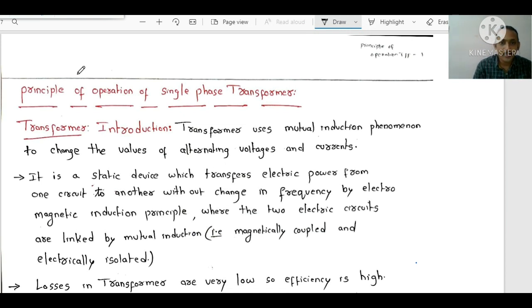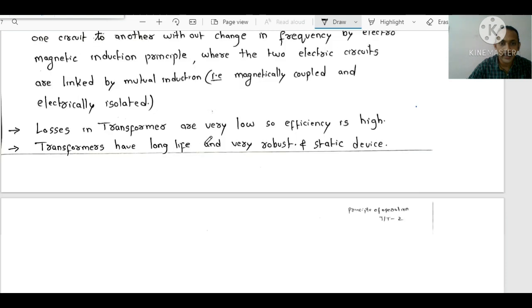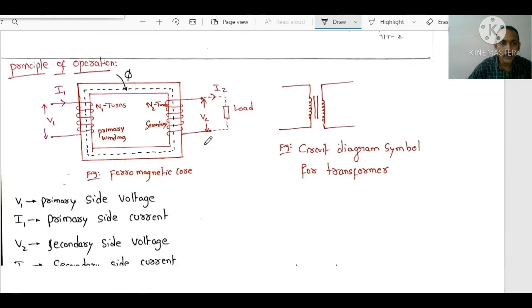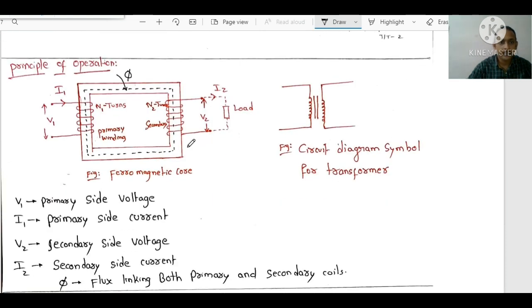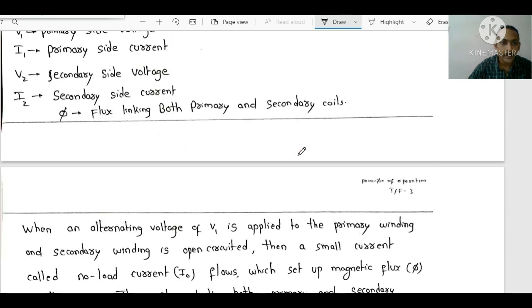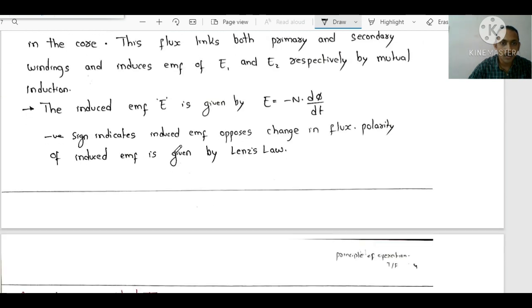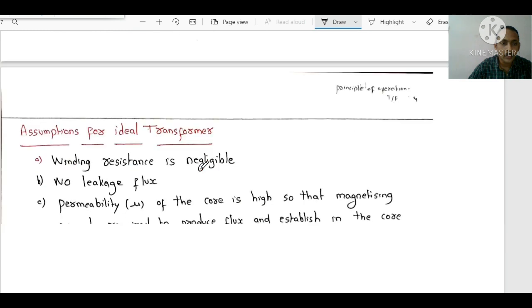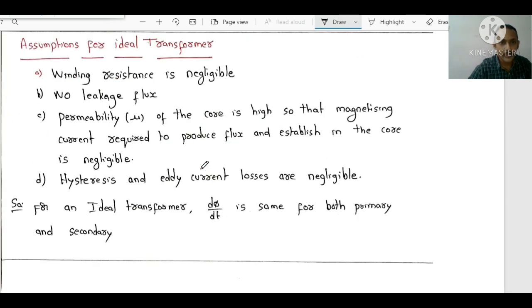In this video, we are going to discuss the principle of operation of a single phase transformer. I will give an introduction about the transformer, and we will go into its principle of operation with the help of one diagram. We will explain the circuit diagram symbol and various terminology related to the transformer and its principle of operation, and also some assumptions made for an ideal transformer.